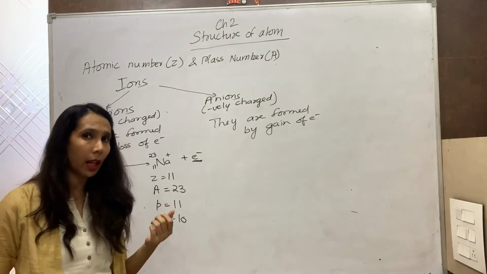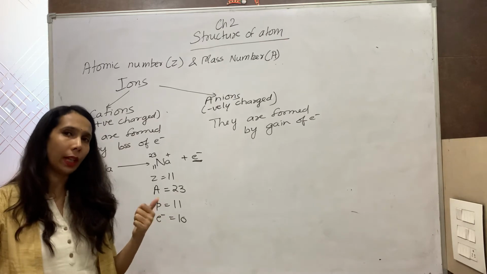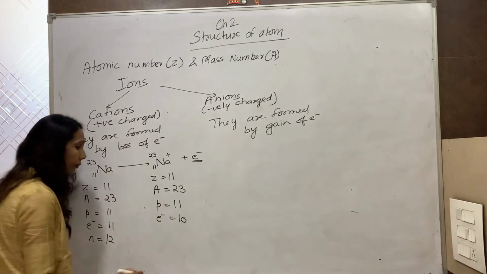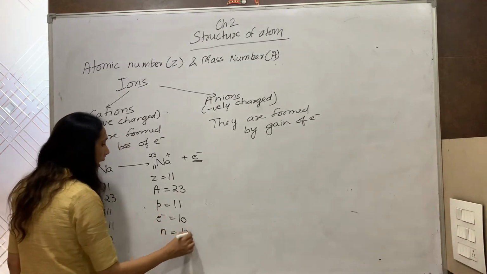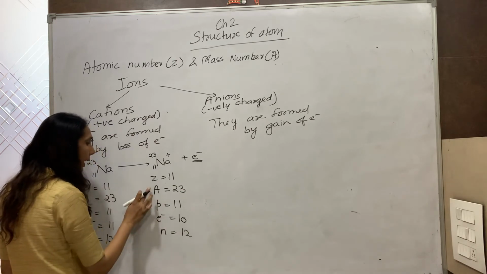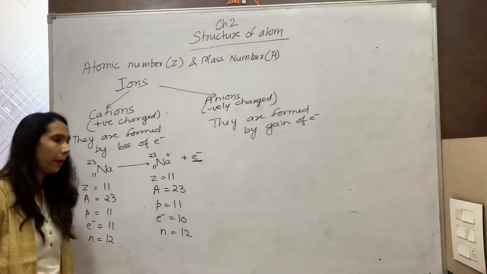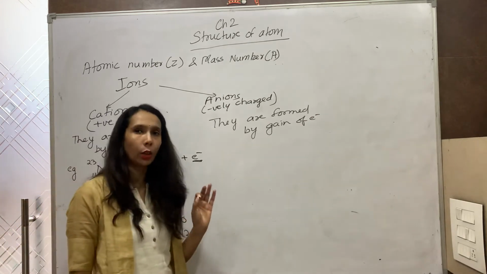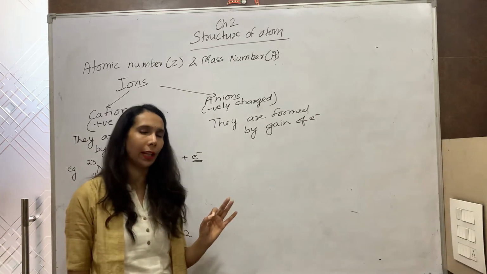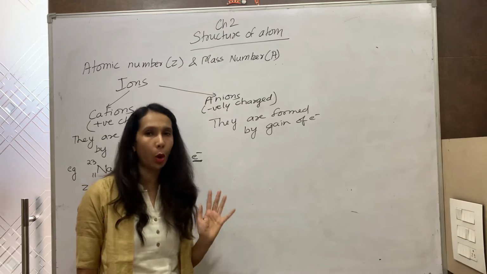The neutral atom will have 11; positive charge means it will have 10 electrons. Nothing else will change. Number of protons, neutrons, Z, A, everything remains the same. So if an ion is formed from an atom, only the number of electrons will change. Protons and neutrons do not change.